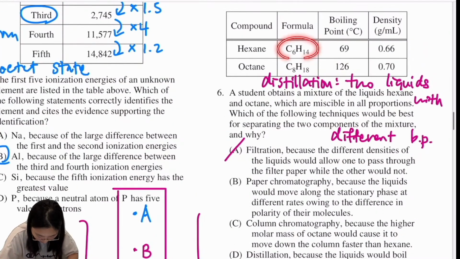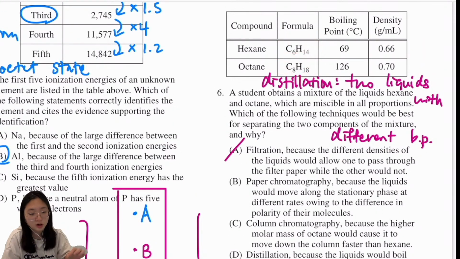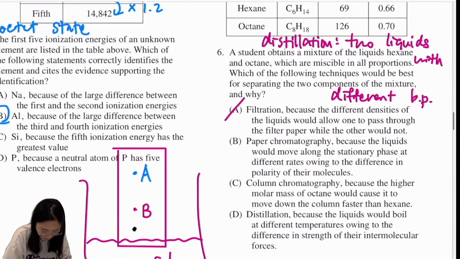But for these two, hexane and octane, both are long hydrocarbon chains, and both are nonpolar. So by using paper chromatography, you will barely see any separation, maybe very little difference, because they have very similar polarity. Both are very nonpolar.